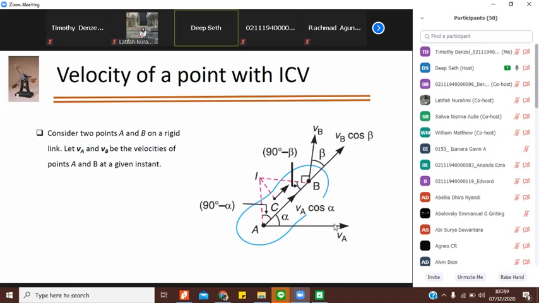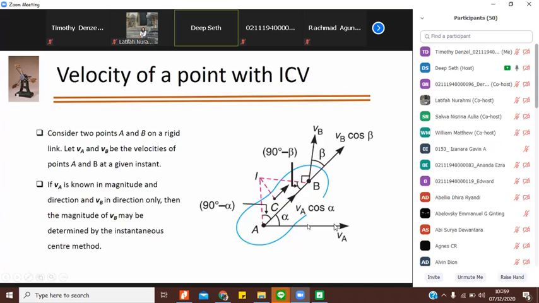Okay, now the velocity of a point with ICV. Consider two points A and B on a rigid link. Let VA and VB be the velocities of points A and B at a given instance. Other parameters like alpha and other angles are given.